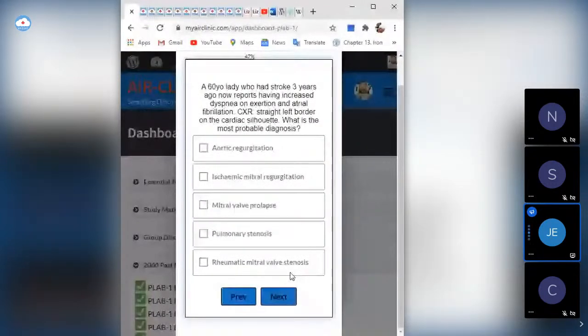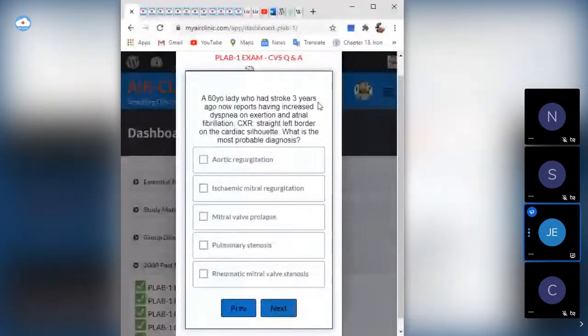Okay, here we come with another one. A 60-year-old lady who had a stroke 3 years ago now reports increased dyspnea on exertion and atrial fibrillation. Chest X-ray shows straightening of the left cardiac border.